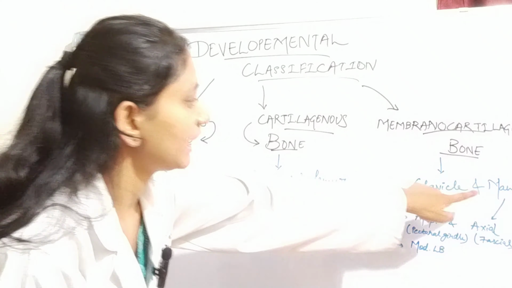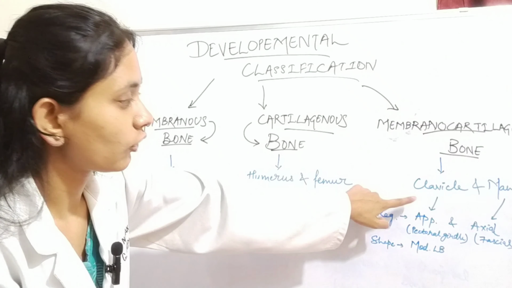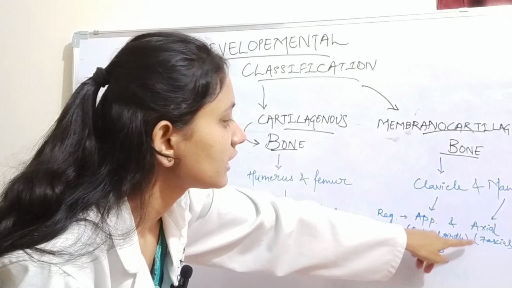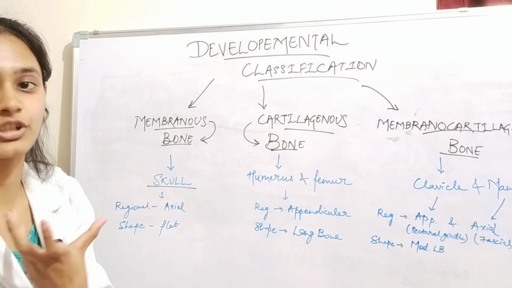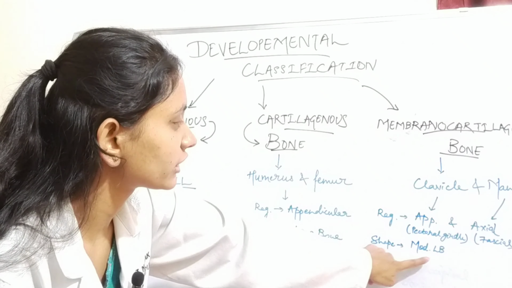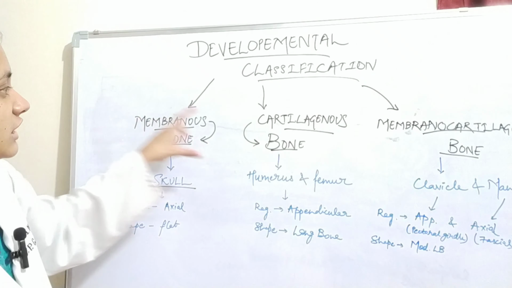Examples are the clavicle and mandible. The clavicle is an appendicular skeleton, as we have studied under the pectoral girdle. The mandible is an axial skeleton, and it is one of the 14 facial bones of our body. The shape of the clavicle is a modified long bone. So here we complete our developmental classification, that is of three types.